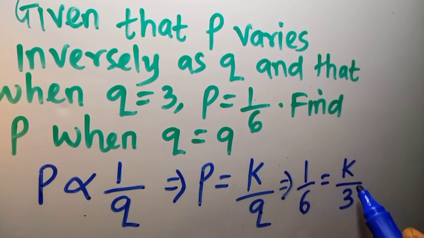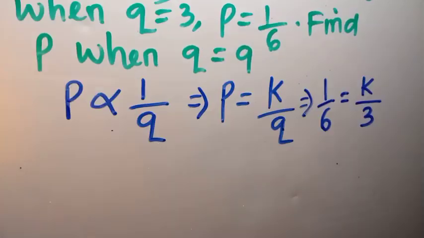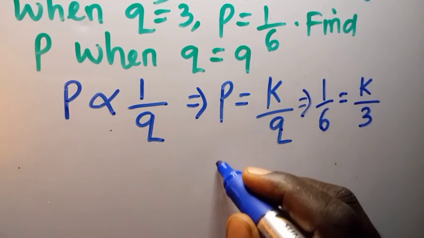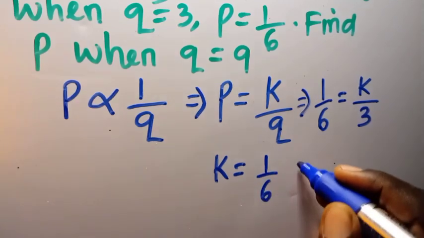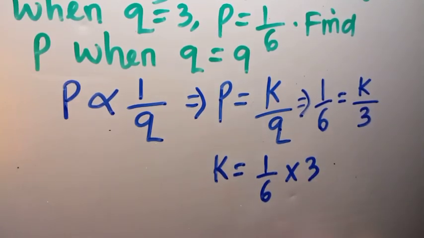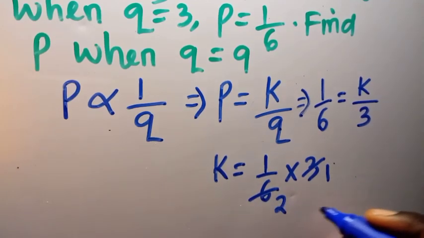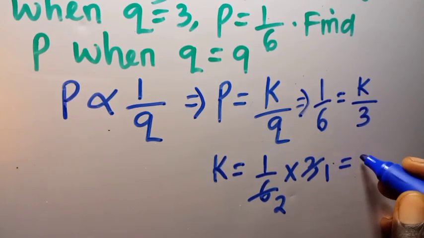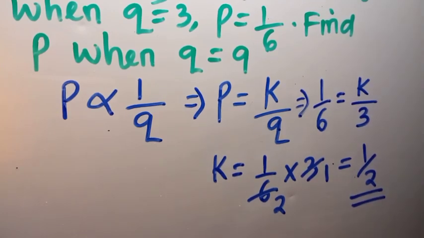I will multiply by 3 on both sides, and therefore K equals 1 over 6 times 3. If I simplify by 3, 1 by 3, 2, my K will be a half. The value of K will be a half.